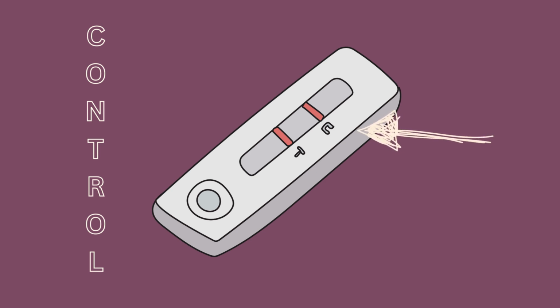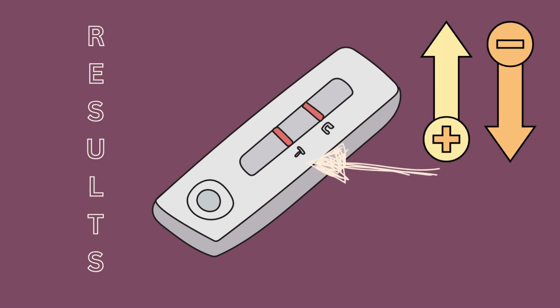So if there is a line, it means that the test is positive. If there is no line, meaning that it is negative. Therefore, no HCG was detected, or there is a very low percentage of HCG found in the urine or in the blood of a pregnant woman or a possible pregnant woman.